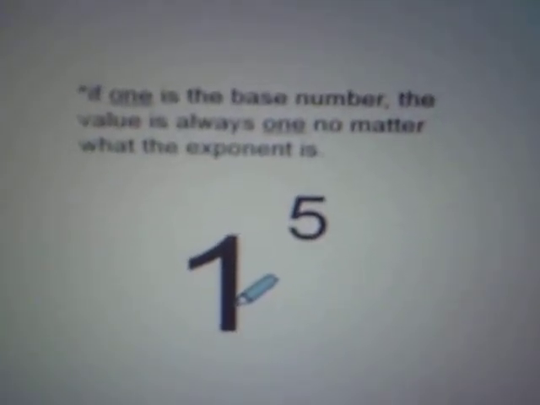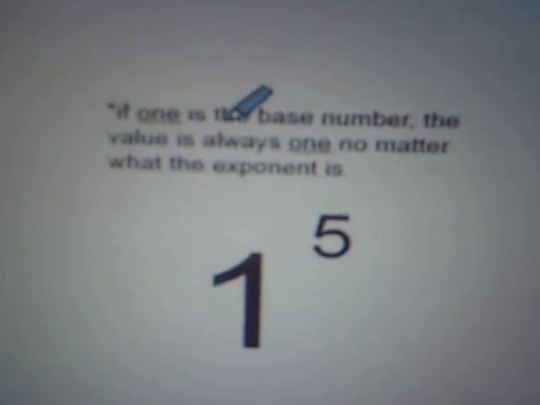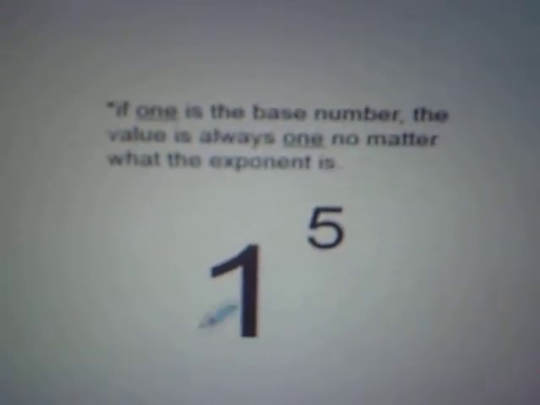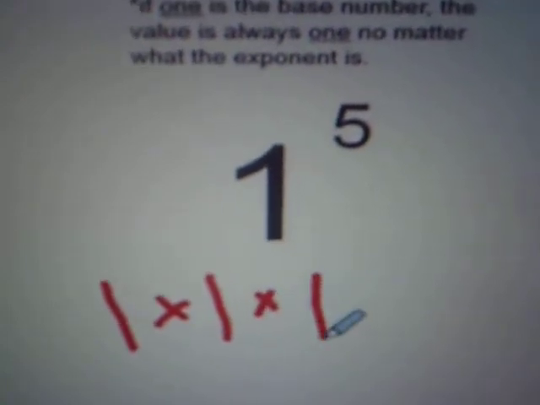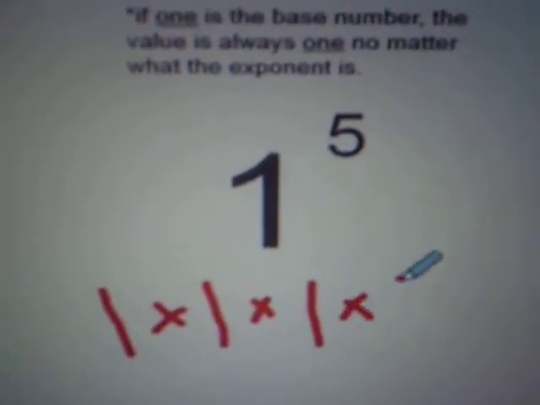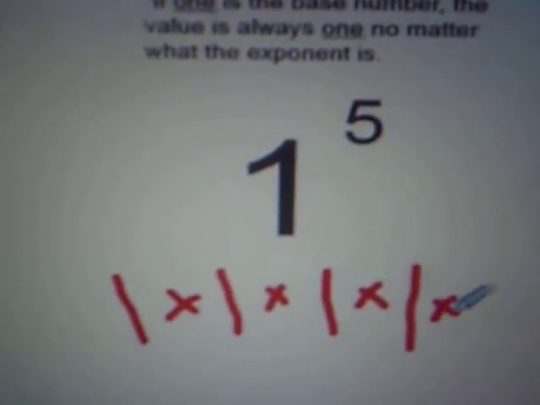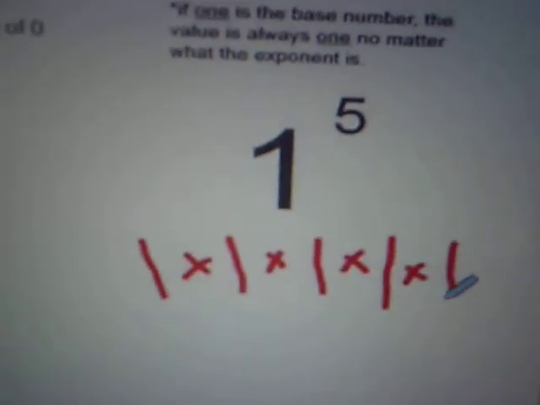The last special case is when we have 1 as the base number. If 1 is the base number, the value is always 1, no matter what the exponent is. So if 1 is our base number, our value will always be 1. Because this is like saying 1 times 1 times 1 times 1, and of course I have to do a fifth one because the exponent's 5, times 1.